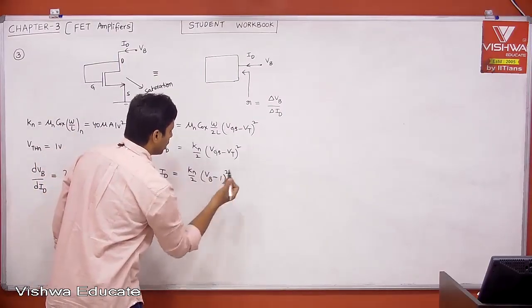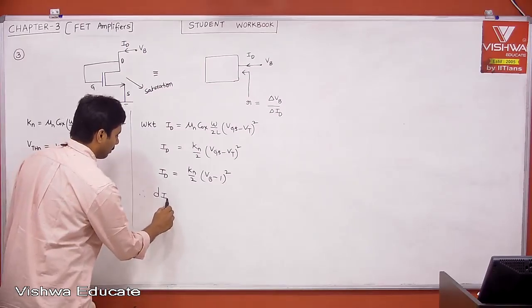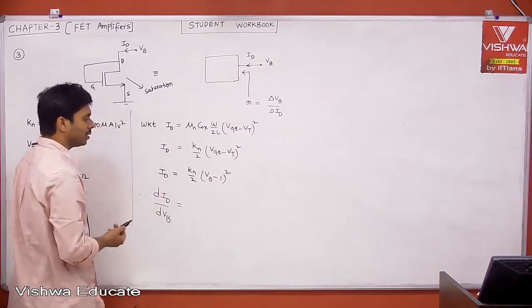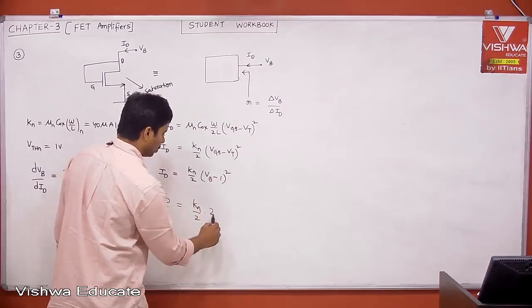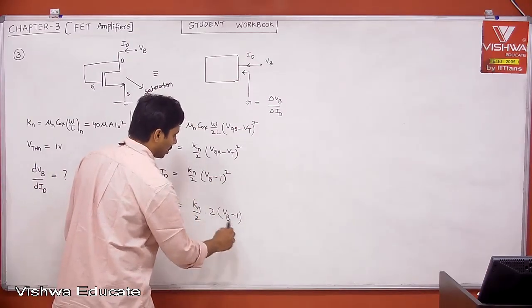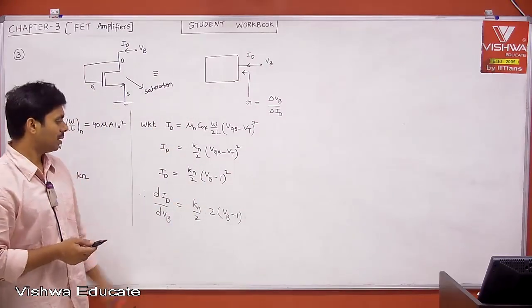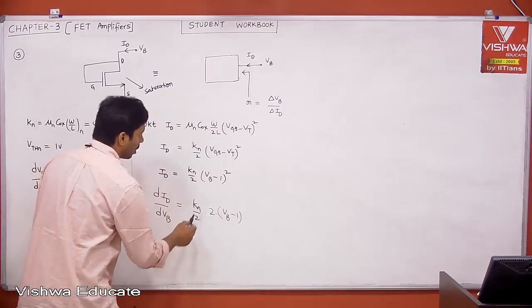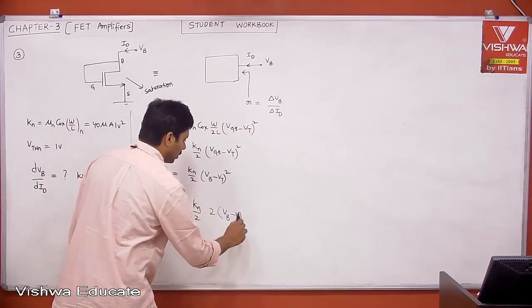Then let's differentiate. dID divided by dVB is equal to Kn by 2, that is constant, into 2 into (VB minus VT) into the differentiation of VB, that is 1.